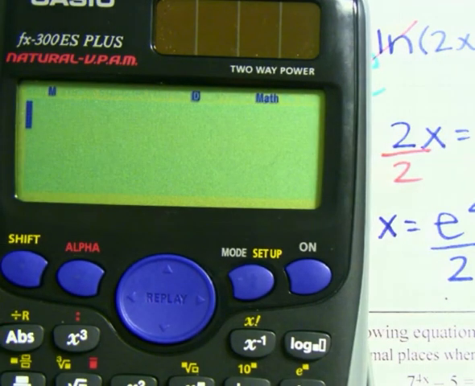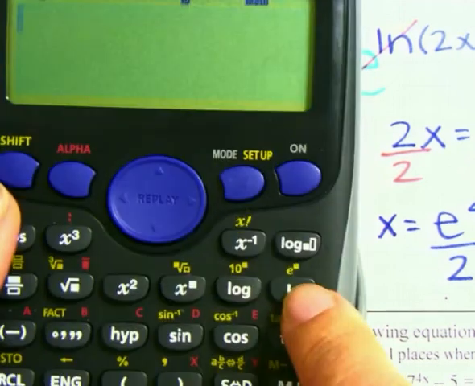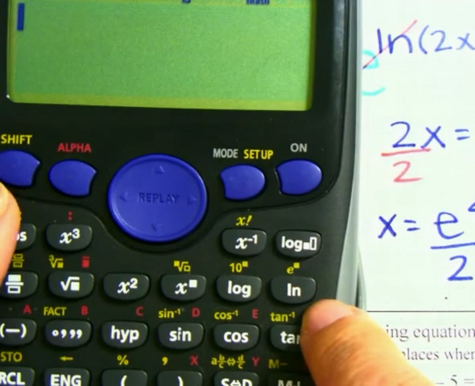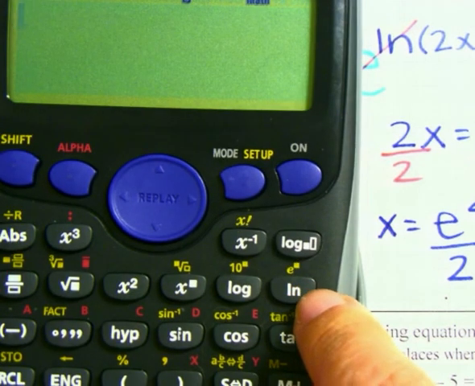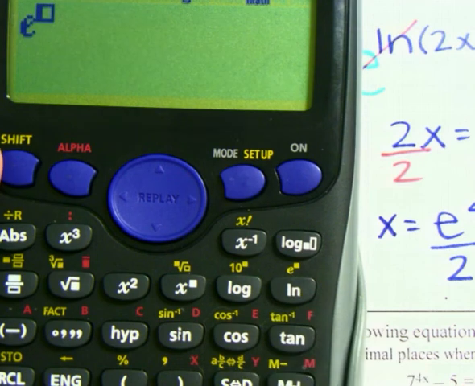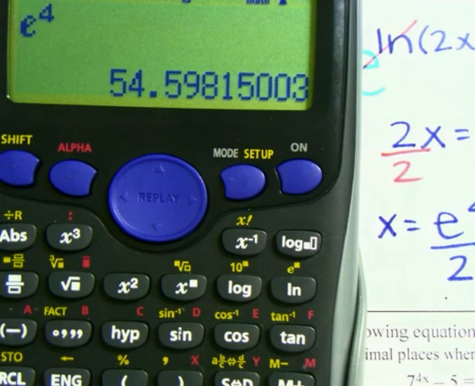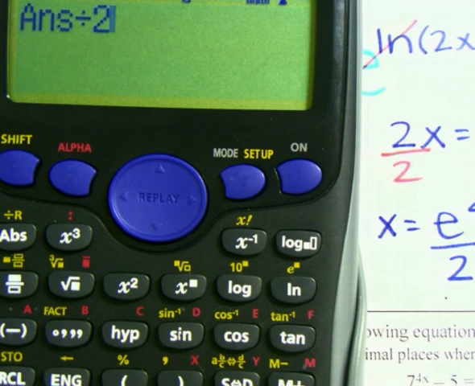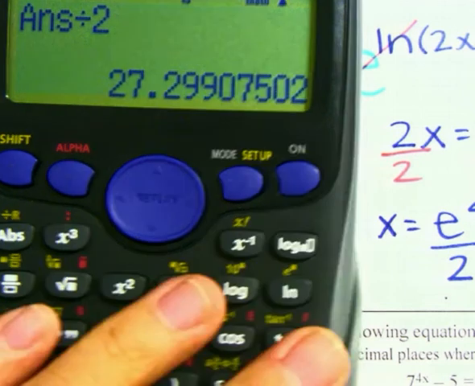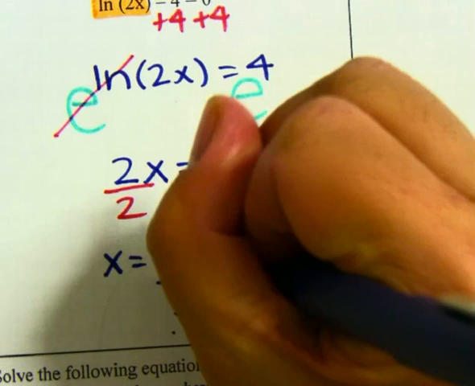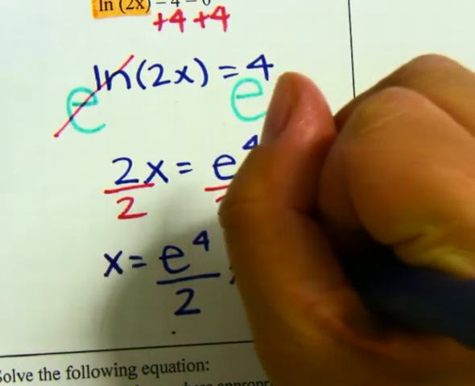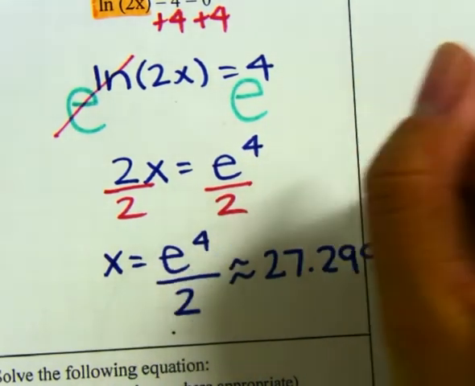I can do, there's my e button right here, right above the ln. So I can shift ln to get e, and that's to the 4th power. I could push enter, and then I need to divide this by 2. Push enter. So x equals, we say about 27.299.